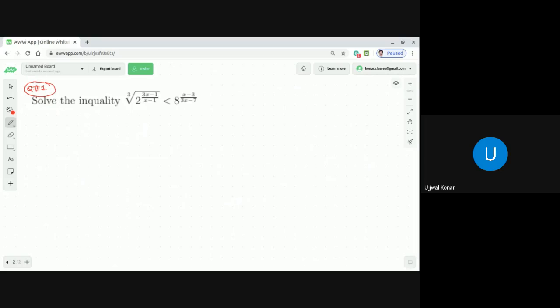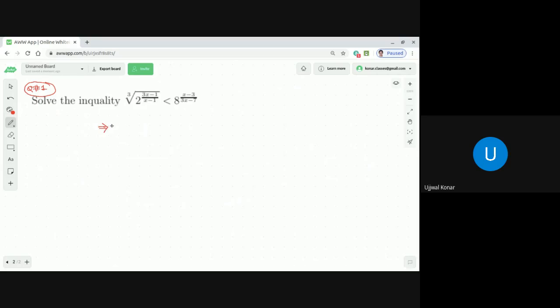Dear students, a common guideline is that on the left hand side we see 2 power something. On the right hand side we see 8 power something. Can we find a relationship between 2 and 8 in terms of power? Yes, 8 is nothing but 2 to the power 3. And that is going to play a big role in the solution of this inequality. So what can we write from here?